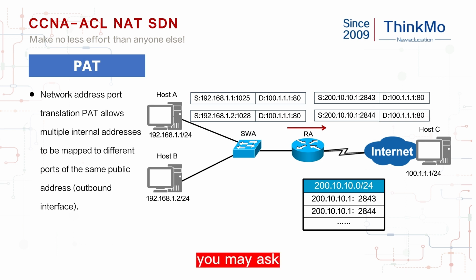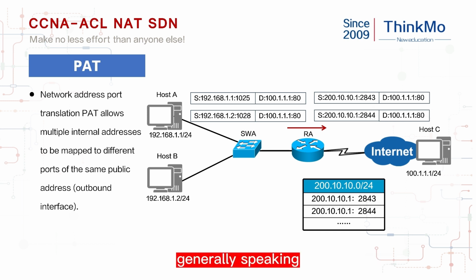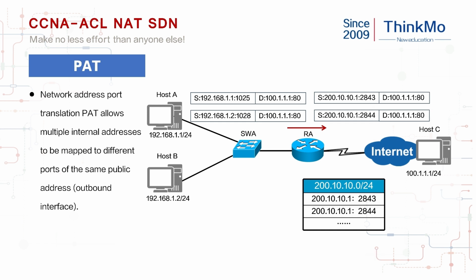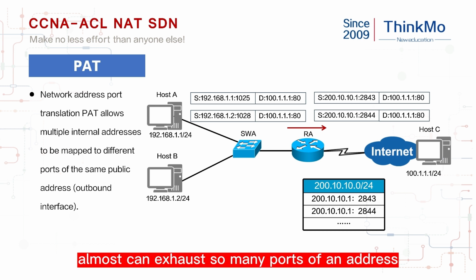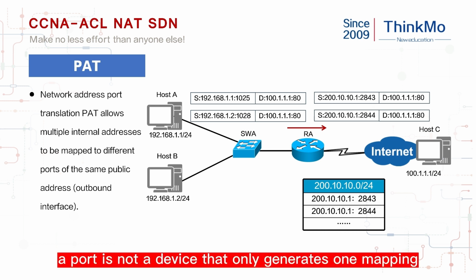You may ask, how can it be possible to run out of 65,535 ports? Generally speaking, a company with about 100 people can almost exhaust so many ports of an address. You should know a device does not generate only one port mapping.